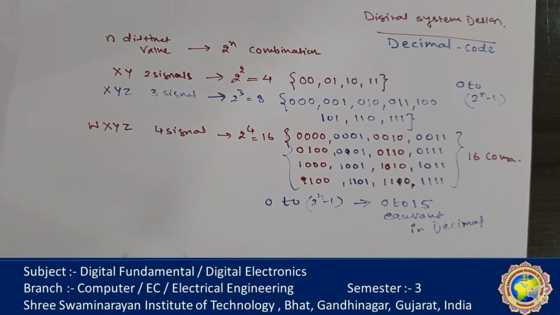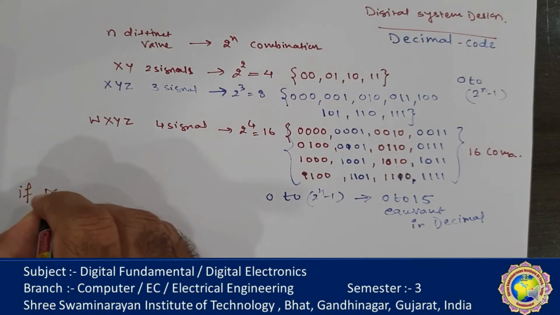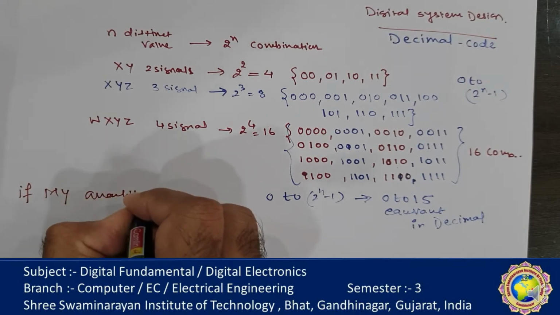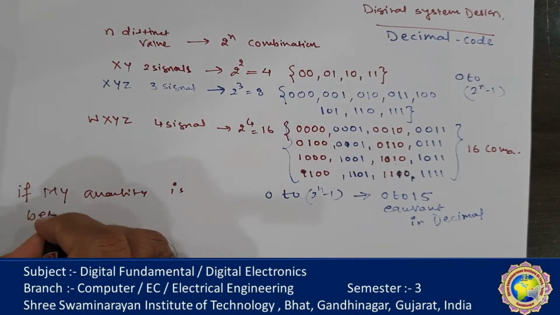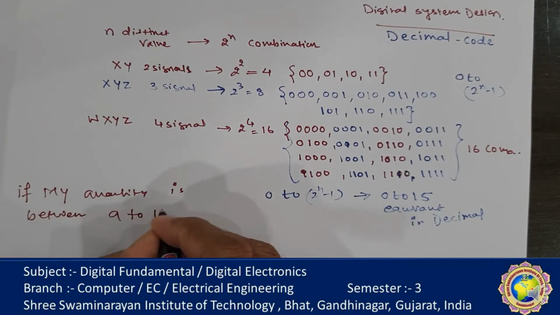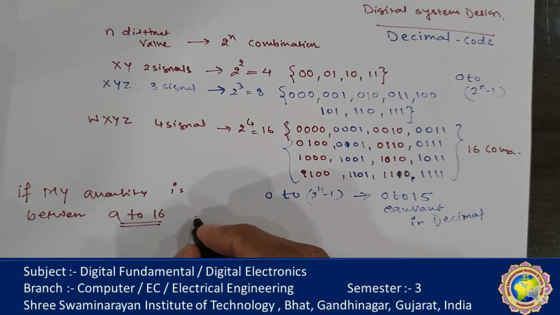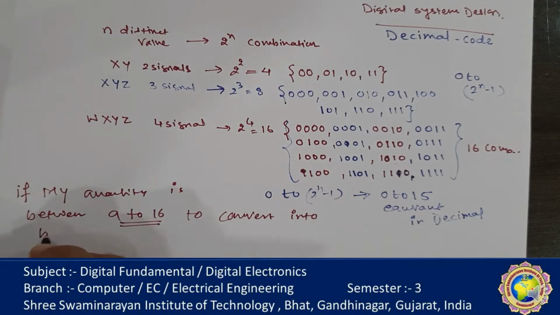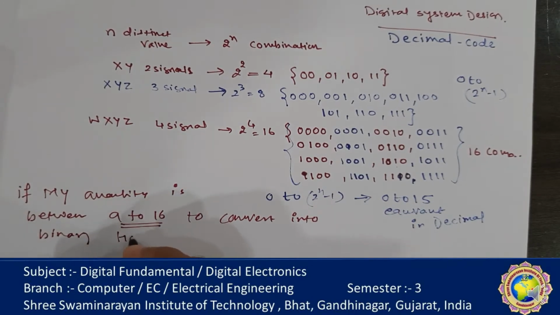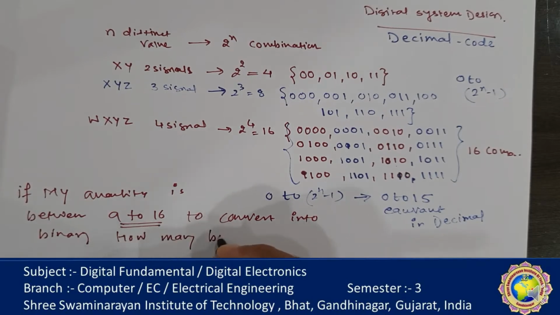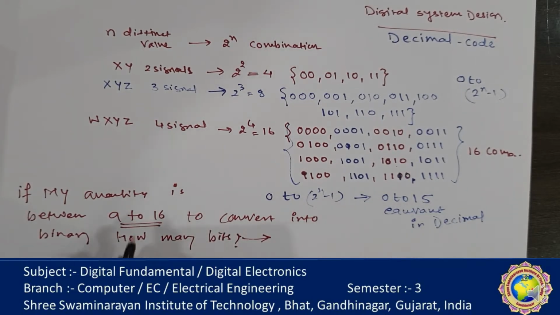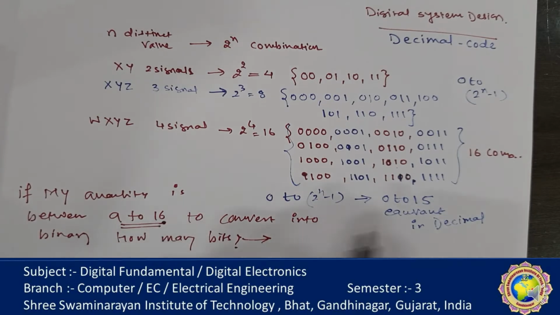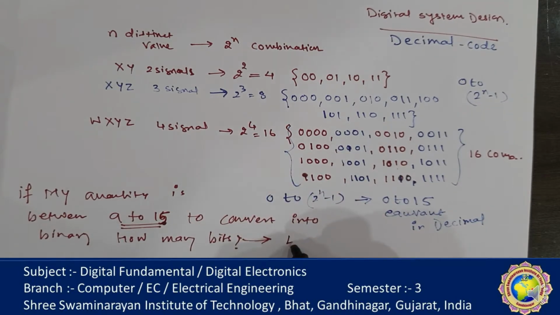So if my quantity is between 9 to 16 to convert in binary, how many bits are required? So 9 to 15, how many bits are required? 4 bits.